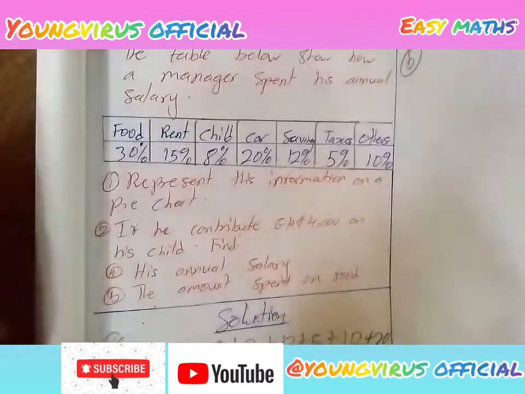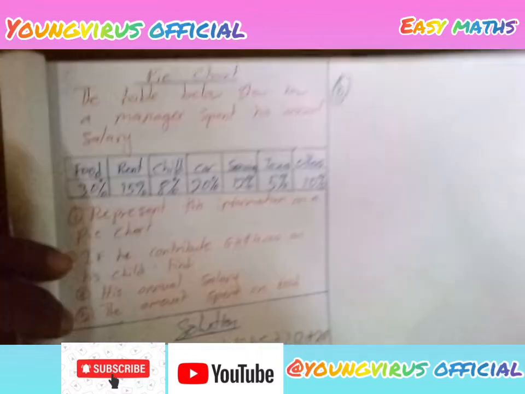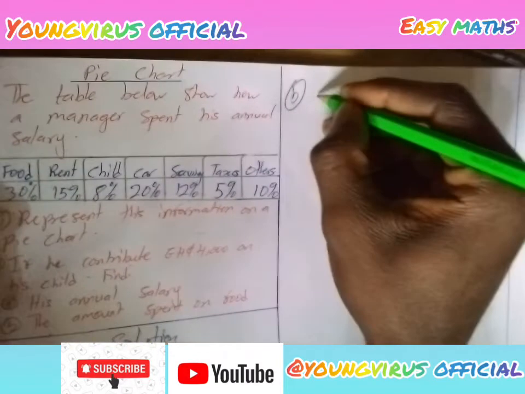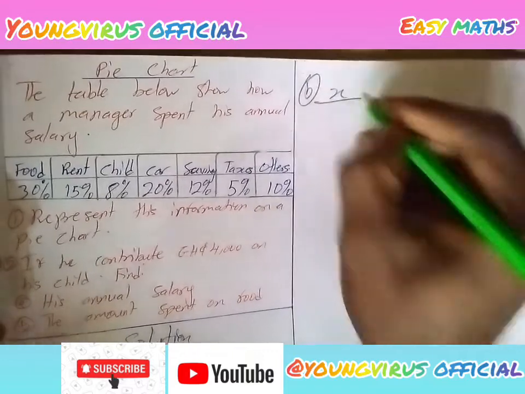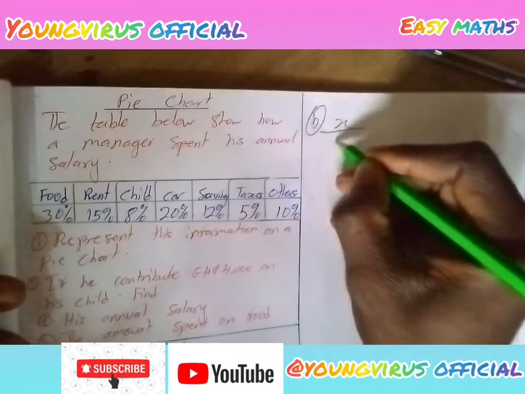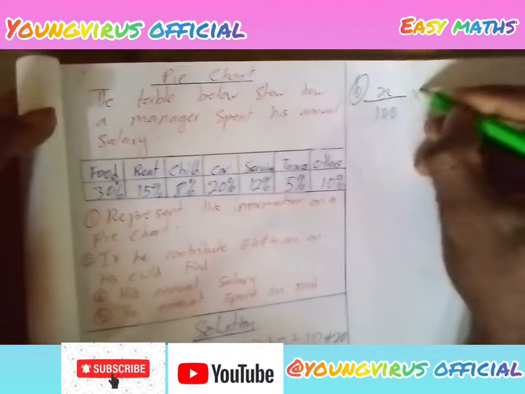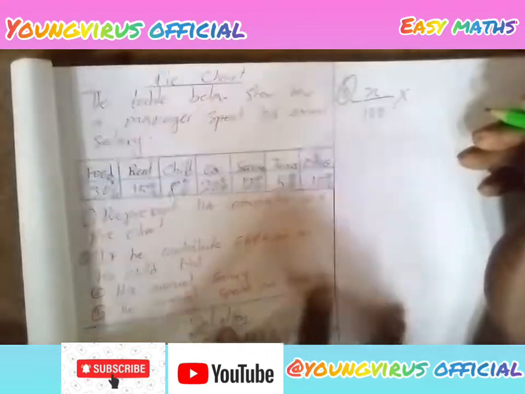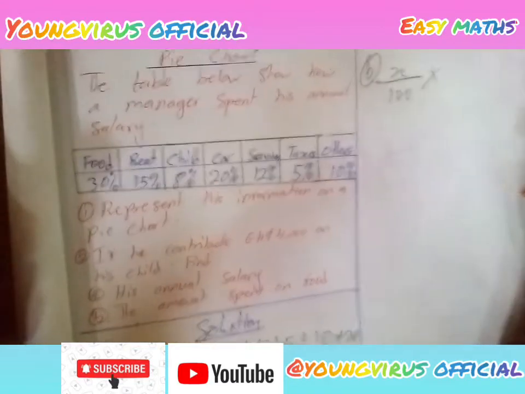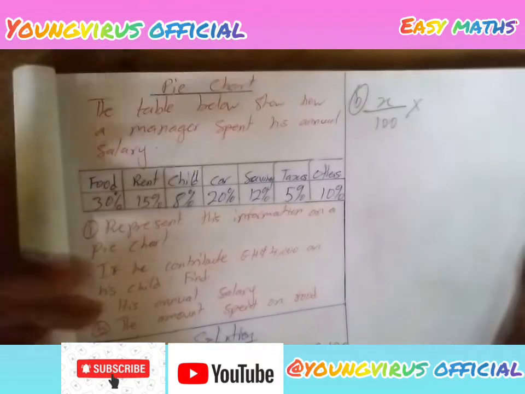Okay, to find the percentage of something, we know that you should know the number you are being given. So let's say our number is x over 100, because every percentage is over 100 times the actual amount you have to look for, which is what we don't know.